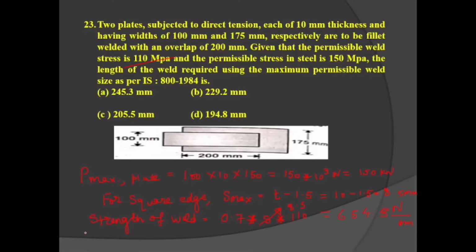So the length of the weld required to resist P maximum is L equals P maximum divided by the strength of weld.